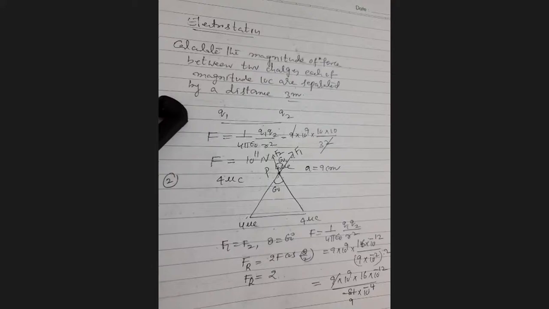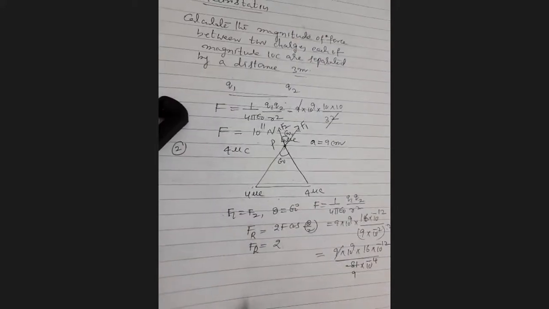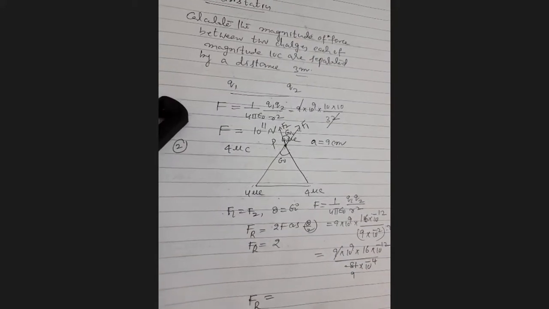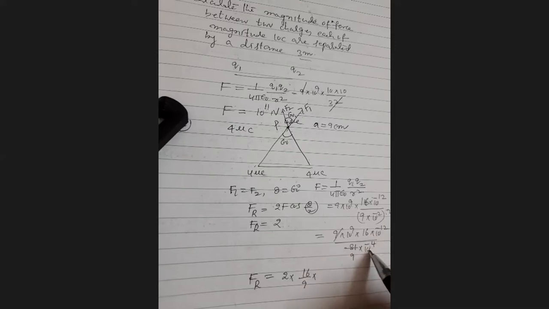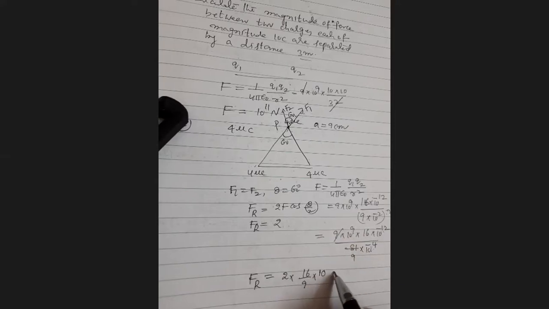So substituting that in the formula, F resultant equals 2F, this value 16 by 9, 10 power minus 4. Cancelling here, 10 power minus 8 left, 10 power minus 8 into 10 power 9, that is 10.